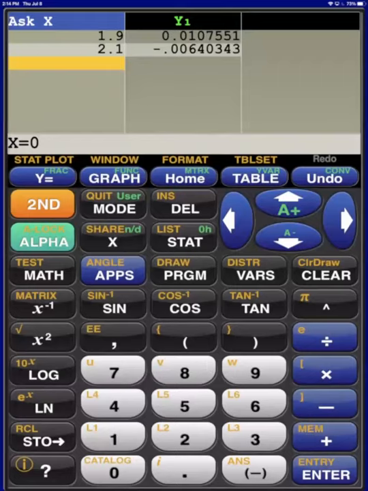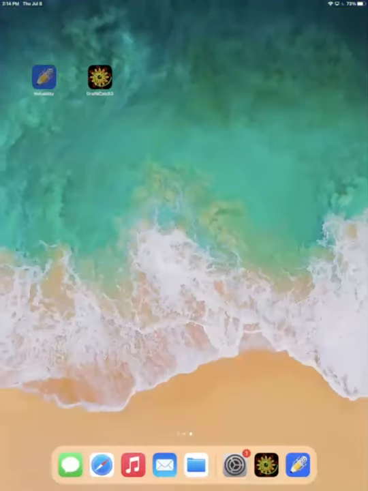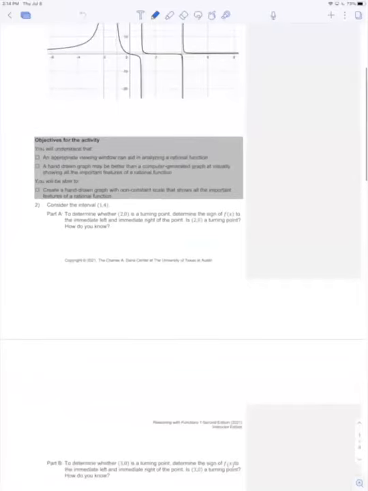Let's go on to part B. So we'll go back to the paper. Let me write this down here.